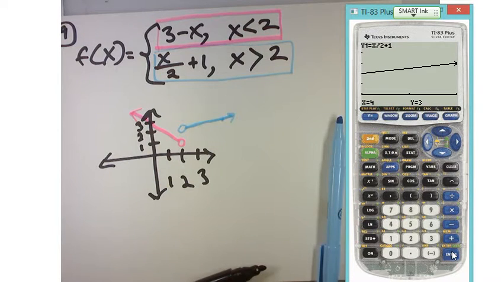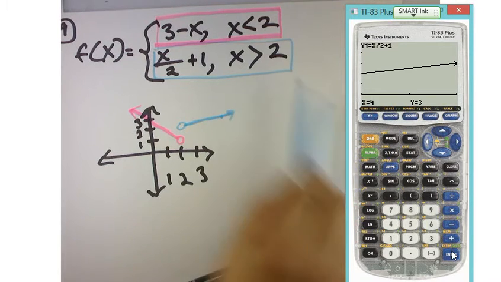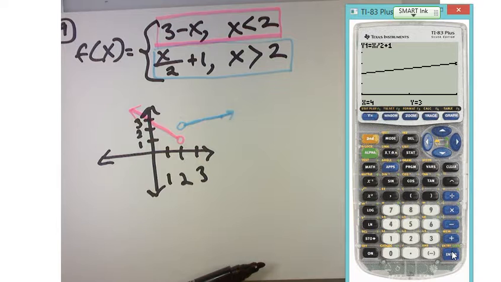So now that I've done the graph, now I can actually answer the question. The question they ask for problem number 19 is find the points of discontinuity. Are they removable or not? Now, I could have answered this by looking at just the equation itself. Where would my discontinuity occur? 2. Because 2 is not defined in the domain.